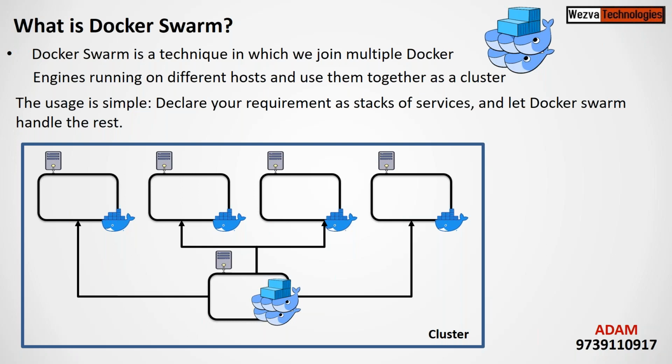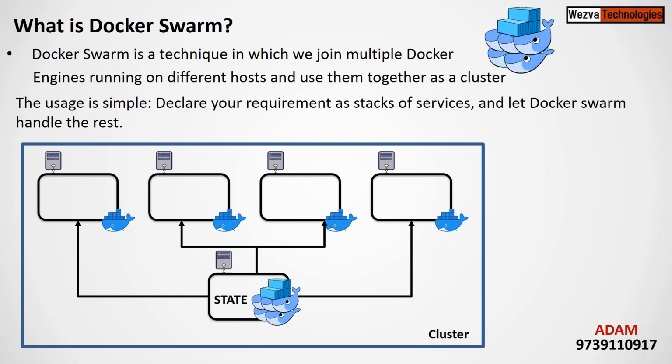In the same way, in the Swarm mode or in the cluster mode, if you want to create, like I said in the previous slide, 6 containers, then you are going to define what you need on the first machine, or the machine from which you are going to manage, and the Swarm will then make sure what machines are available and how much capacity or resources are available in them.